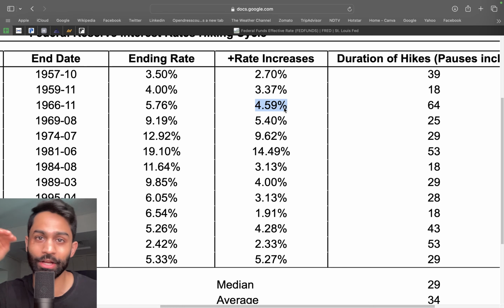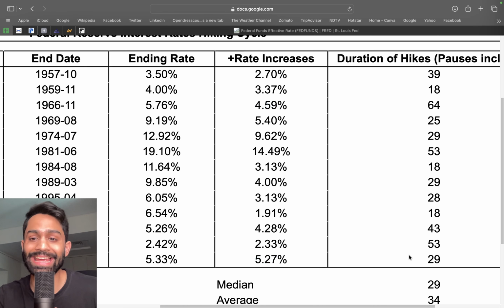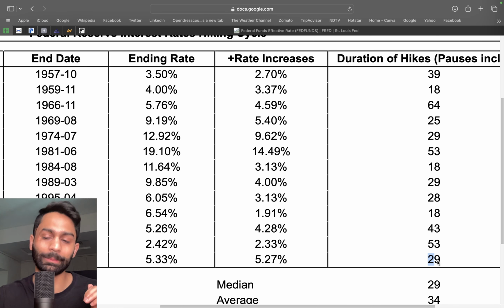So that is still, I would say, on a severity scale much lower, because they're not increasing by crazy amounts every month. It's a much longer hiking cycle, and it's a lower hiking cycle. But this time around, we were just as much as the 1960s, right? If not more. 5.27% is more than 4.59% in half the time, in 29 months. So of course, the severity of this hiking cycle was significantly more than what we experienced back in the 1960s.